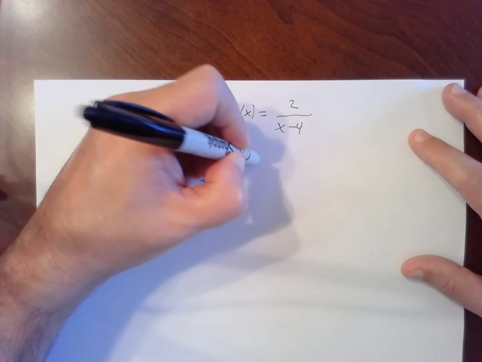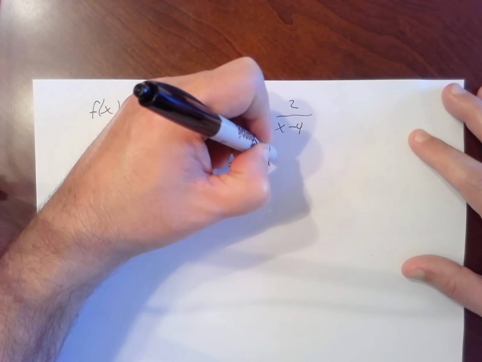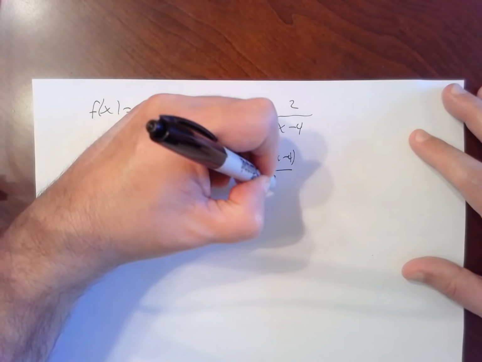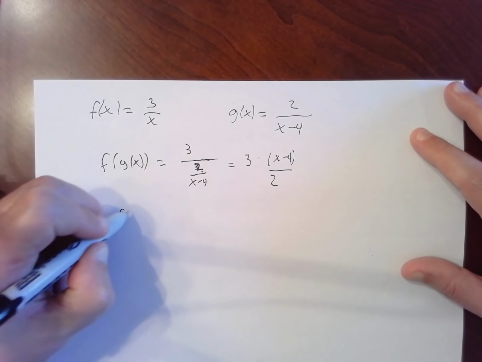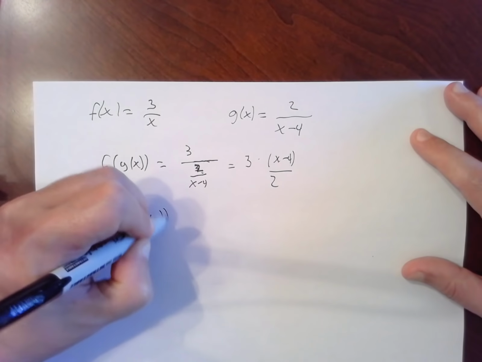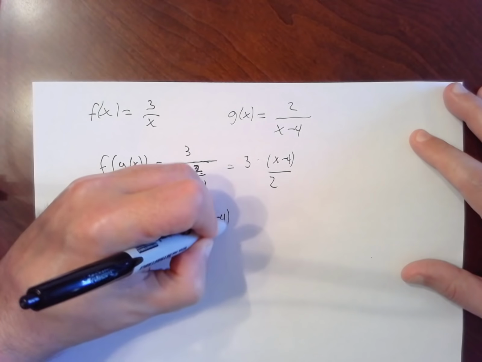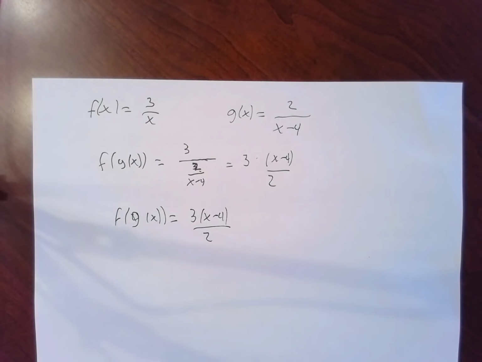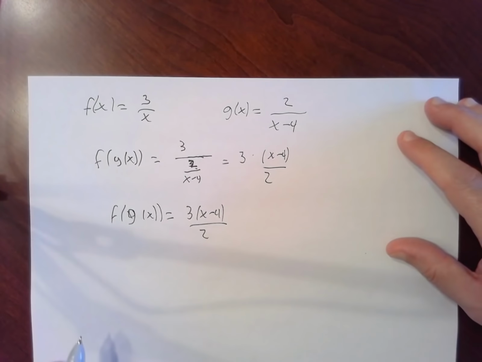Change the dividing to multiplying. Flip over the bottom. X minus 4 over 2. So I get f of g of x is 3 times x minus 4 over 2. I could distribute the 3 if I wanted to, but there's no issue there. It looks perfectly fine the way it is.